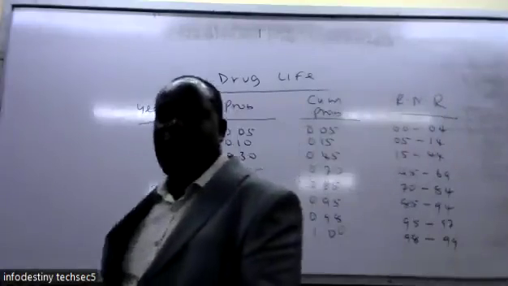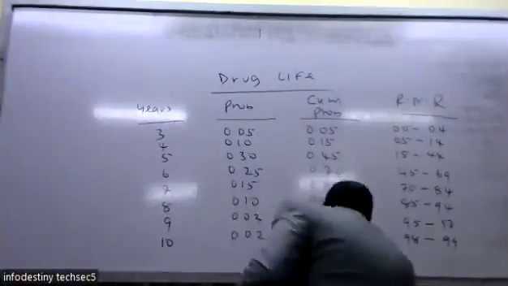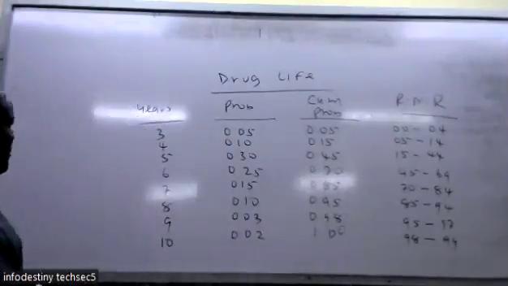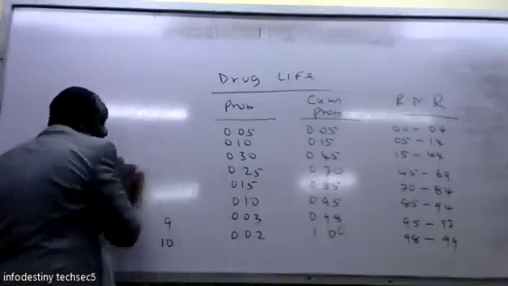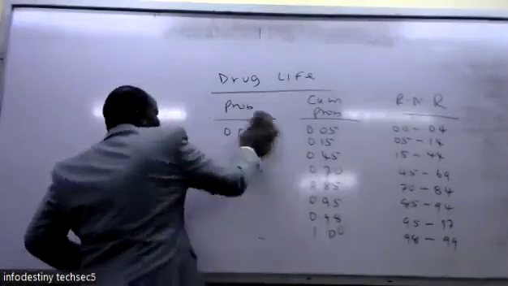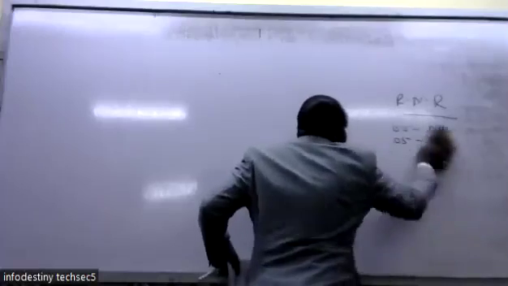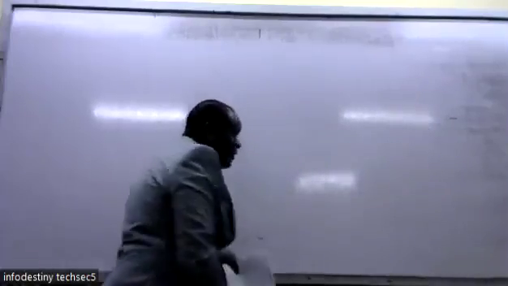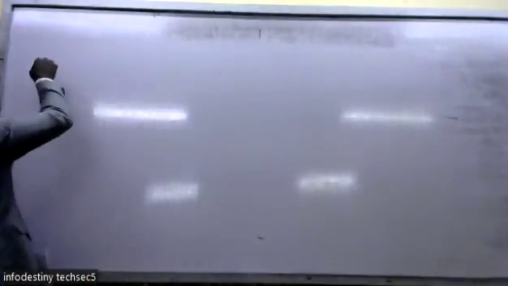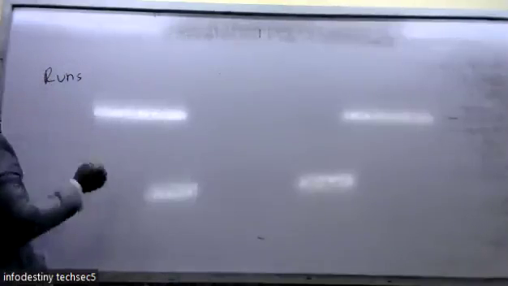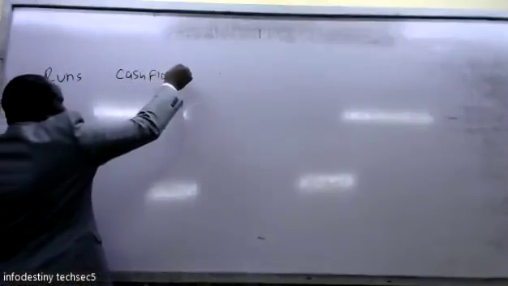So once we have created that random number range, we shall now be able to answer the question. We want to compute the expected NPV. Random numbers, we refer to them as runs. Then we shall be coming up with the cash flows.